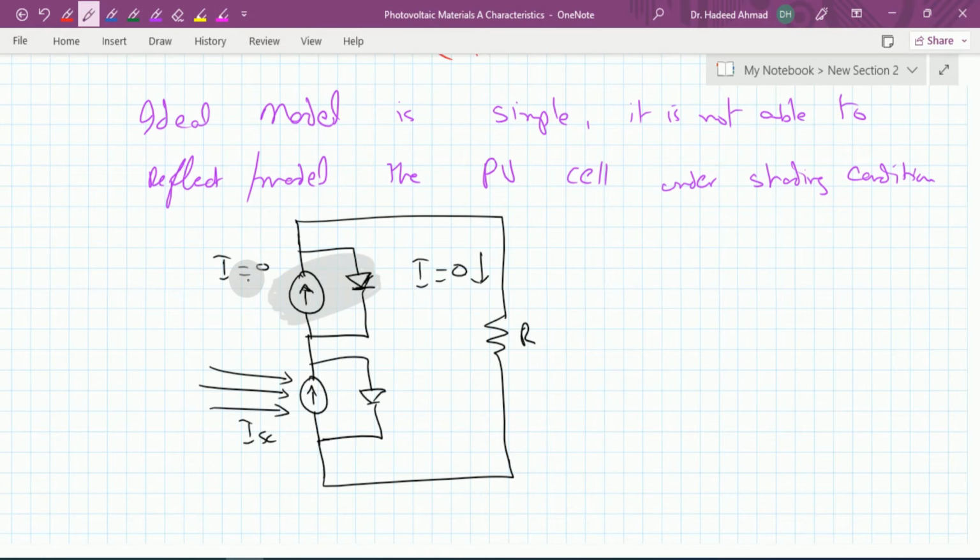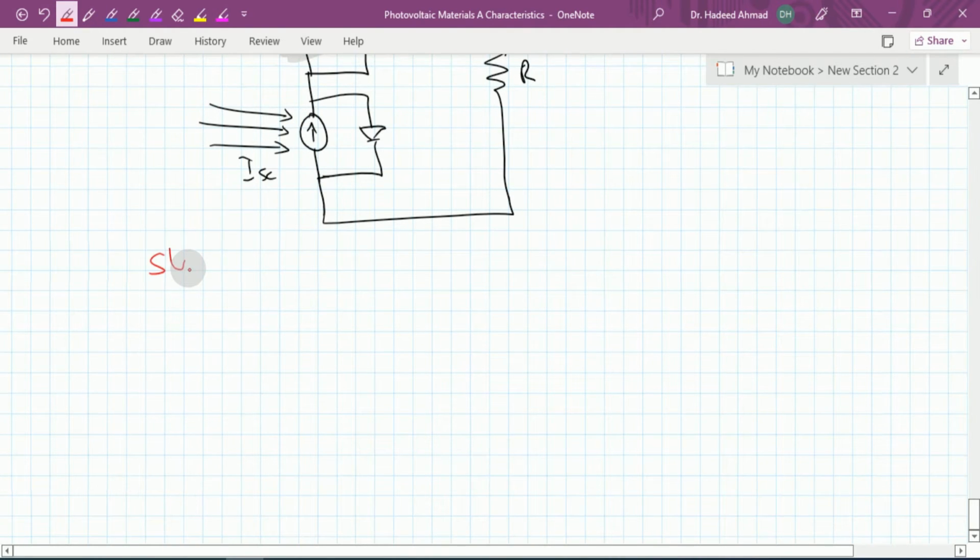So although we have seen that this current ISC is proportional to the value of the falling irradiance G, this is not a very sensible condition, that even if one cell is shaded in a series connection, then the load current becomes equal to 0. So this requires an additional component in the system model where we can actually deal with the shading problem in detail. One such particular model is known as the shunt model.